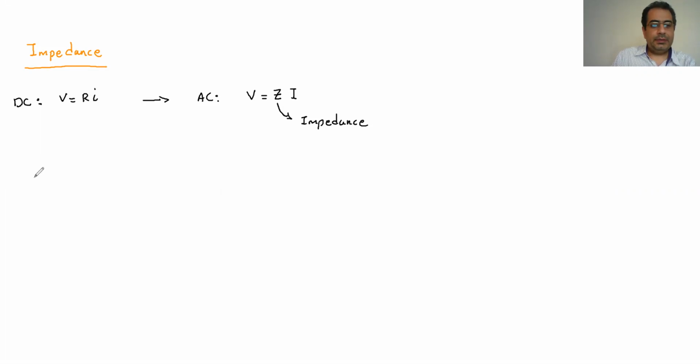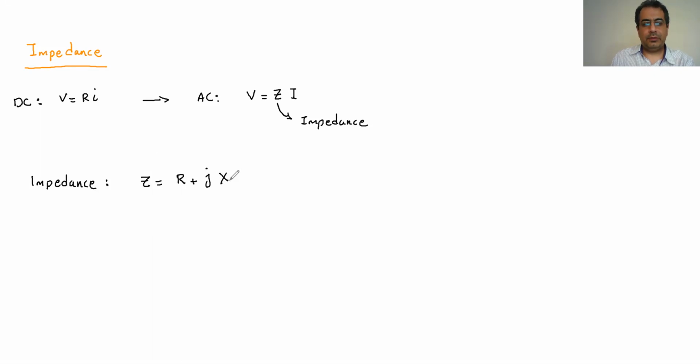So the impedance, that's Z, is usually going to be in the complex format of R plus jX. It is usually written like that.